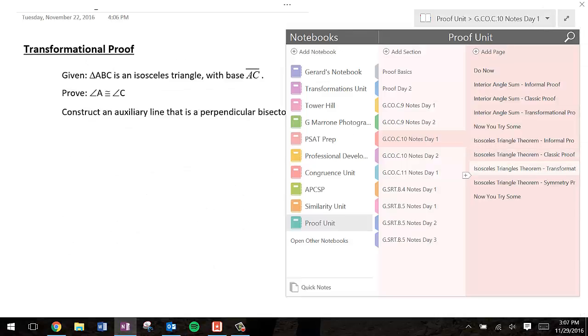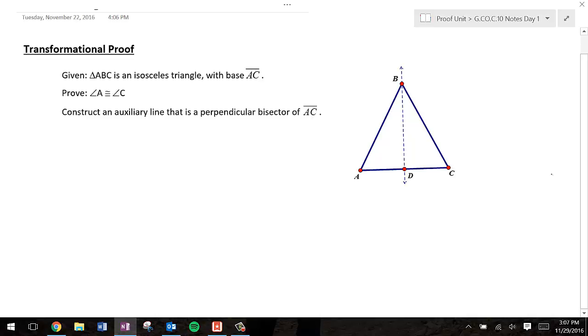Now, if we wanted to use a transformational proof, what we're going to do is we're going to use a reflection. So we're going to reflect over the perpendicular bisector. Okay?